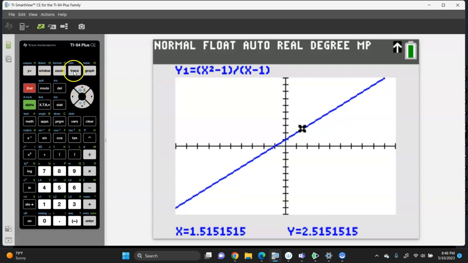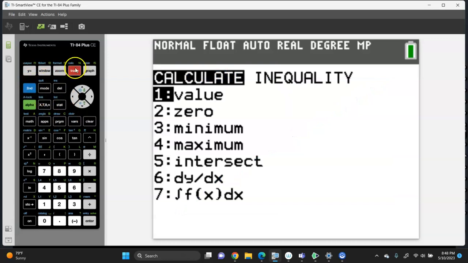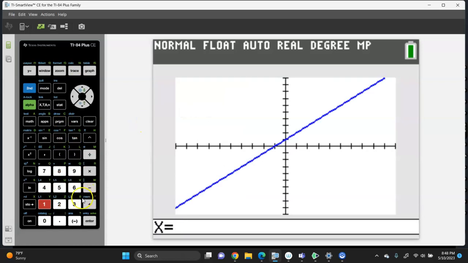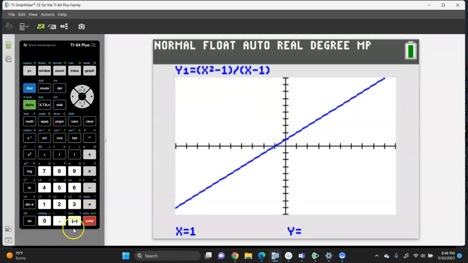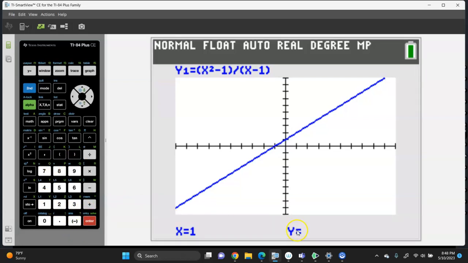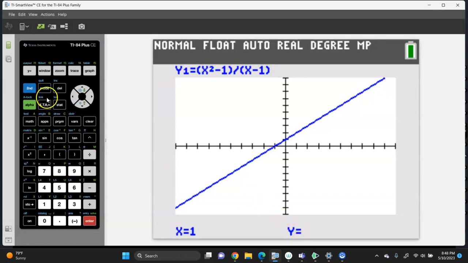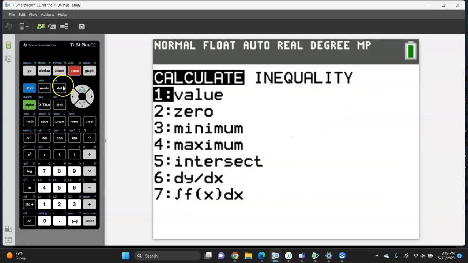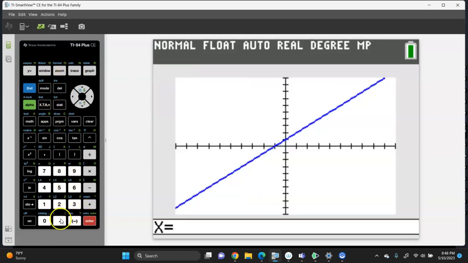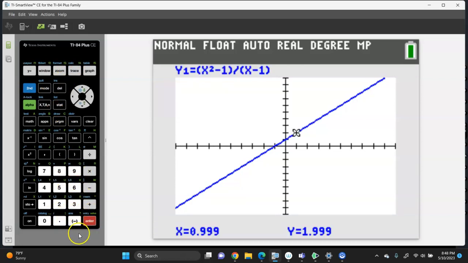What happens if I go second, calculate, and find the value when x equals 1? It leaves the y blank. That means there is no value when x equals 1. See, if I do a calculate value at x equals 0.999, I get an answer.